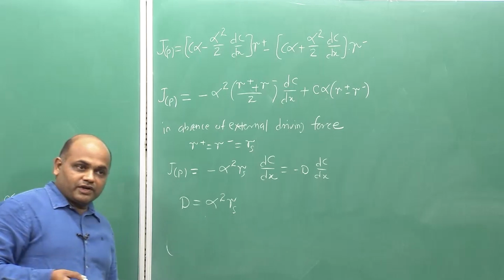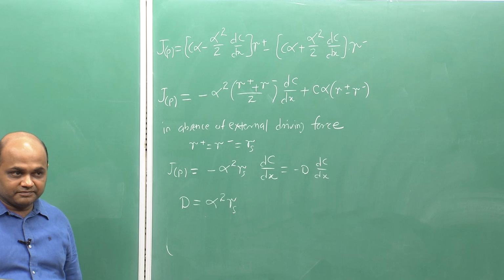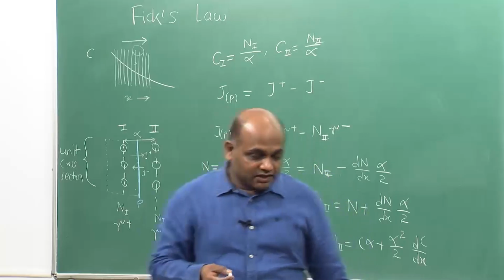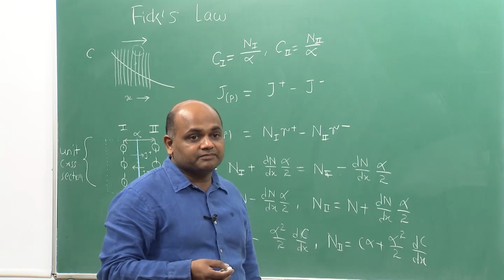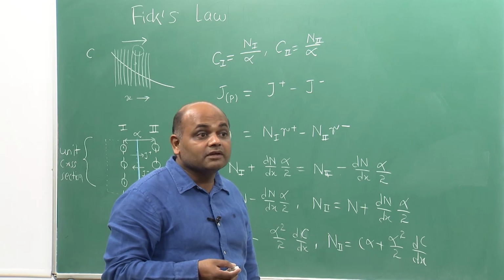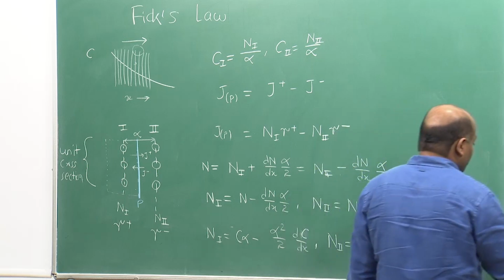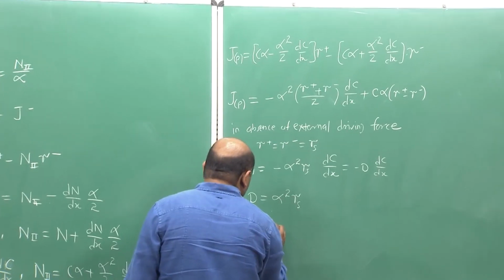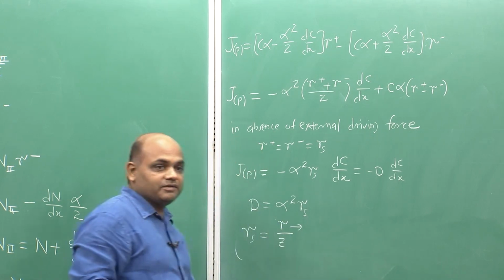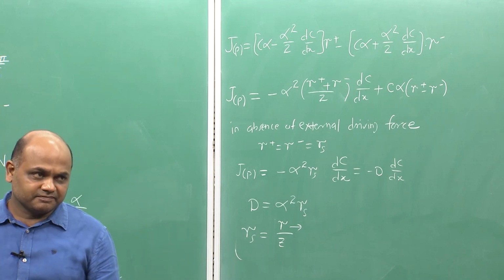If there is no external driving force, then all jumps should be equiprobable, right. And how many sides can an atom jump if we consider only nearest neighbor jumps? In any crystal lattice, how many sides are available for an atom to jump? Coordination number z, right. So, we have gamma s equal to gamma by z, where gamma is the successful jump frequency of an atom in any direction.